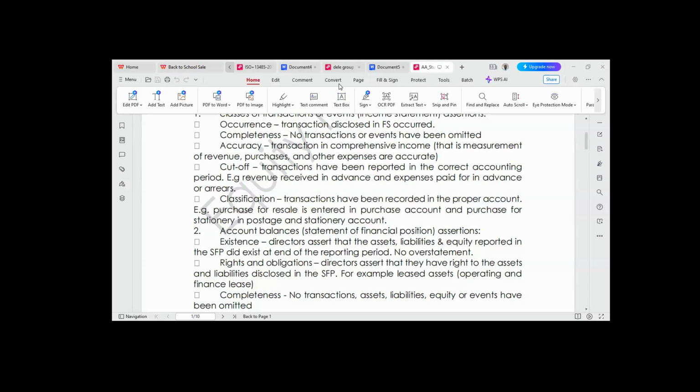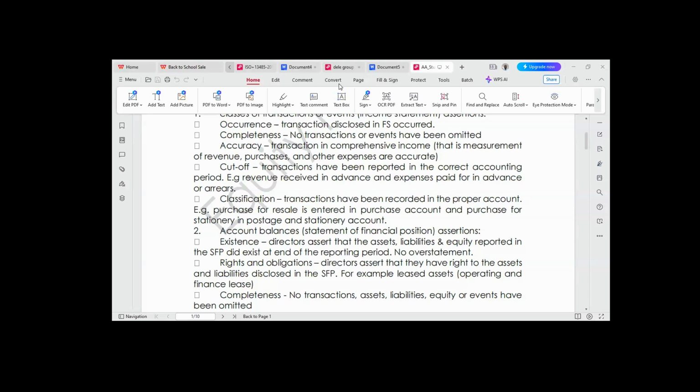You also look at the duration of that loan, whether it has lapsed or not. You check for the duration period of the payment. All of these things make the auditor establish that truly there is an obligation.